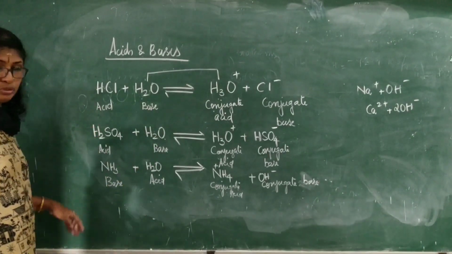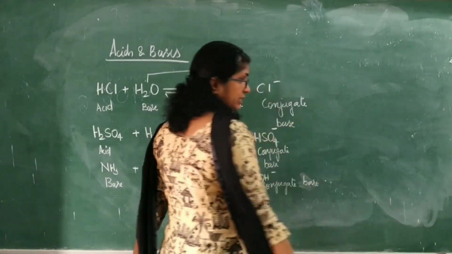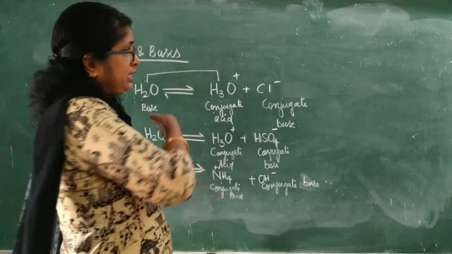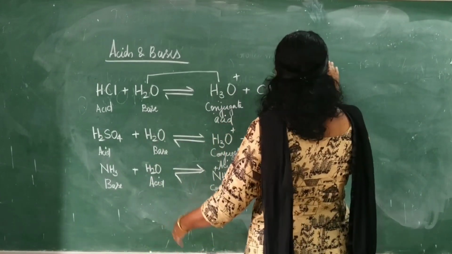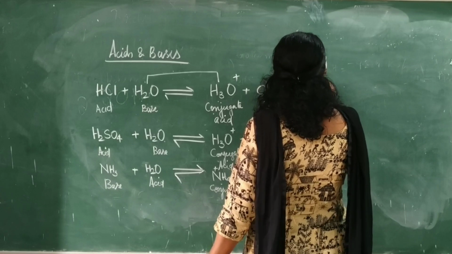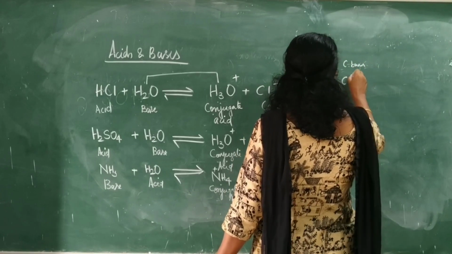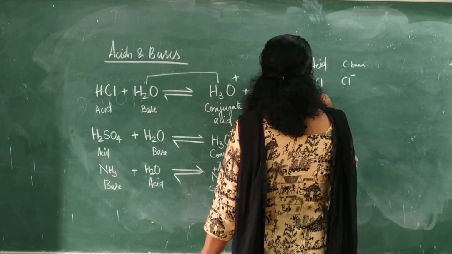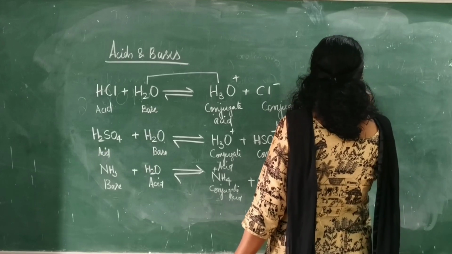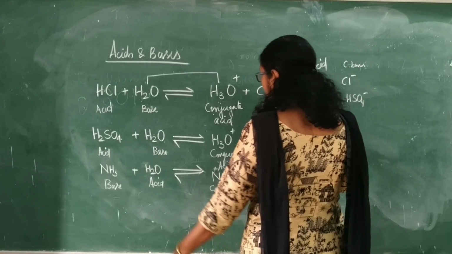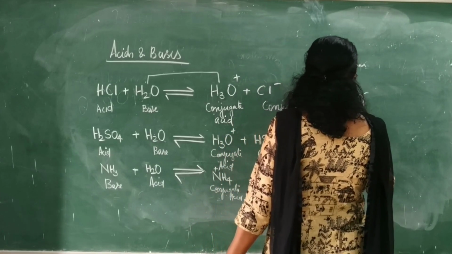Now you will have to see the relationship between acid and its conjugate base, base and its conjugate acid. First acid is HCl. Its conjugate base is Cl minus. Acid H2SO4. Its conjugate base is HSO4 minus. Then acid H2O. Its conjugate base is OH minus ion.